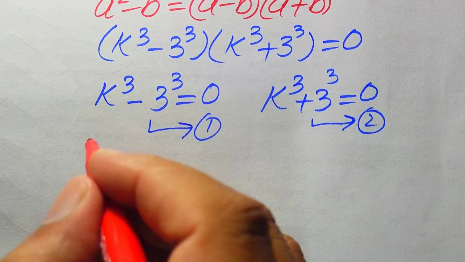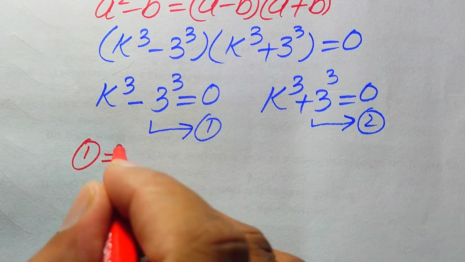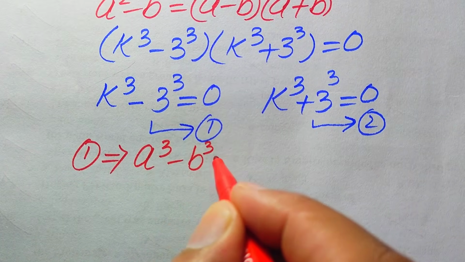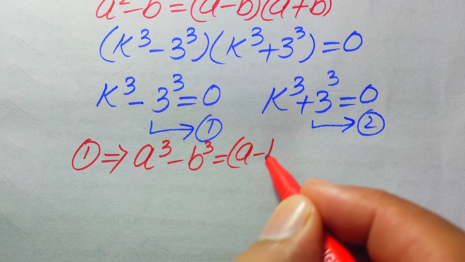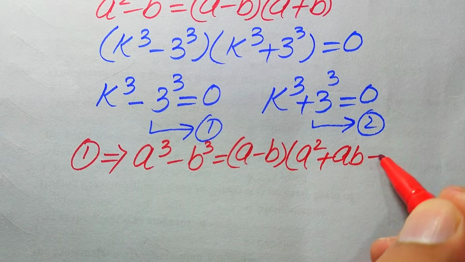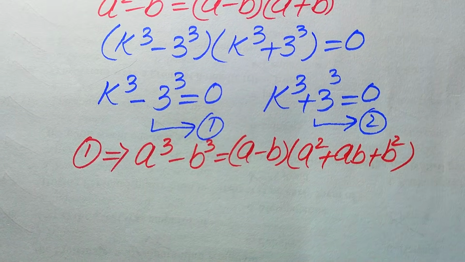In equation number 1 we use the nice cubic formula. You know that a cubed minus b cubed equals a minus b times a square plus ab plus b square.